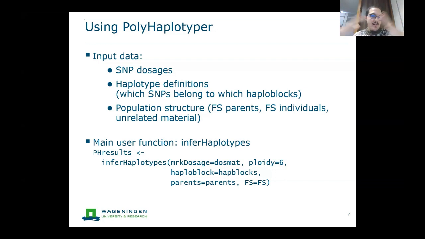And you can define as many as you want. And then lastly, you will need the population structure, to define who are the parents and who are the offspring. The main function of the package is infer haplotypes. And you give here the dosage matrix, the ploidy of your individuals, and the haploblock definitions, parents, and the offspring definition.